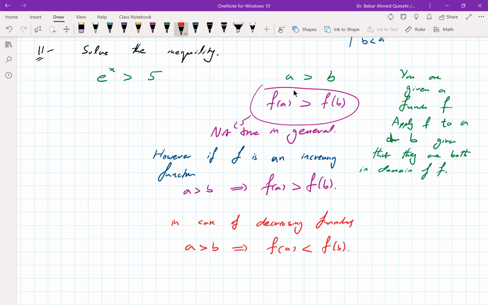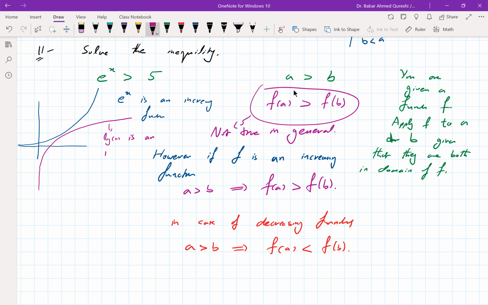Now, if we look at the graphs, and it's just a property of these guys, graph of e^x is like this. So e^x is an increasing function. Similarly, graph of log of x is also an increasing function.